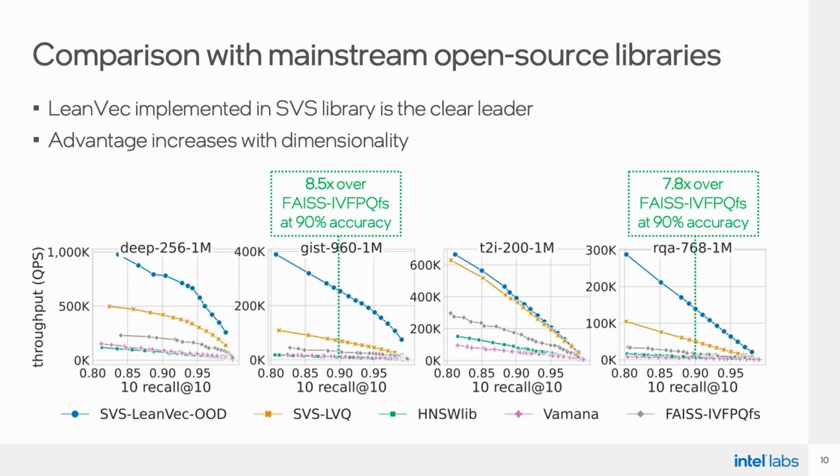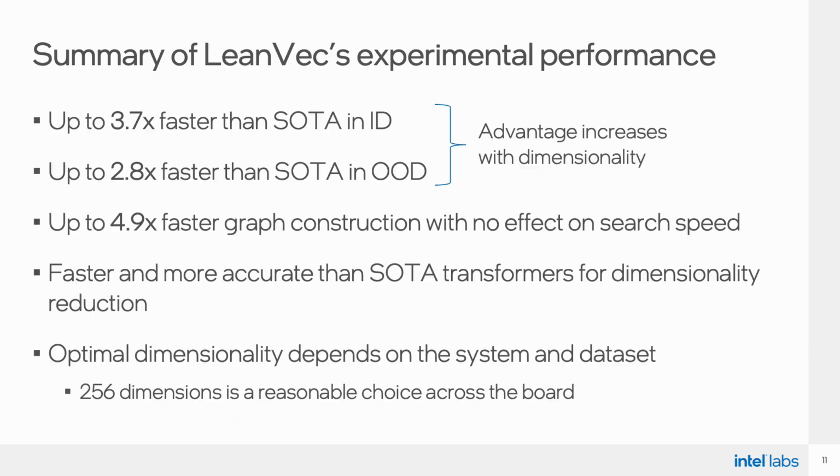So in the second and fourth plot, we can see the speedup that is achieved with LeanVec and SVS over Faiss IVF-PQ. The second plot is the case with in-distribution queries. In that case, we have 8.5x speedup. And in the fourth plot, it's an out-of-distribution example where we have a 7.x speedup with respect to the Faiss index.